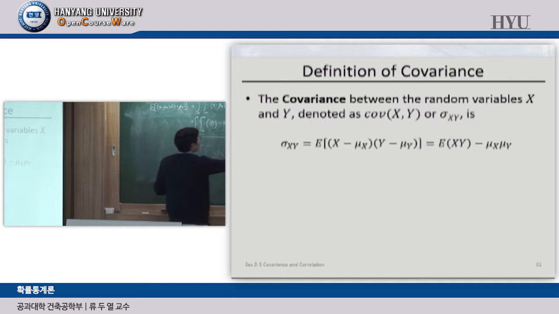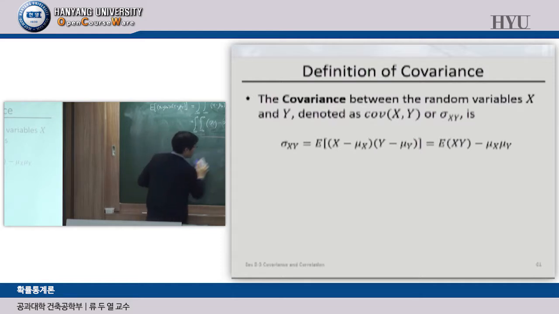And what about this case? So this is equal to mu x mu y, and this is also mu y mu x. Okay? If you repeat the same procedure, you can obtain these two values.